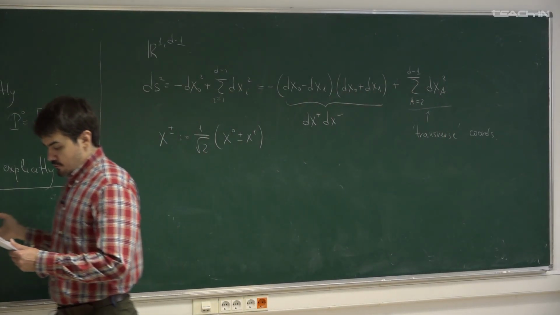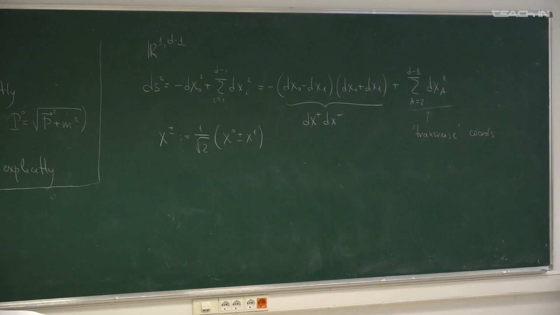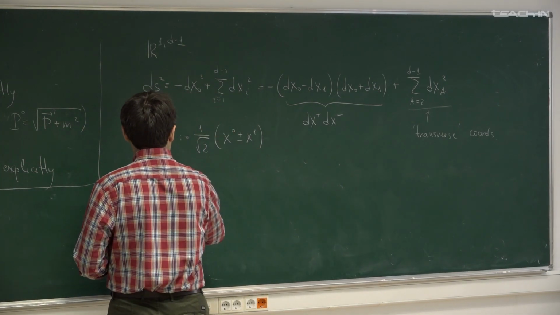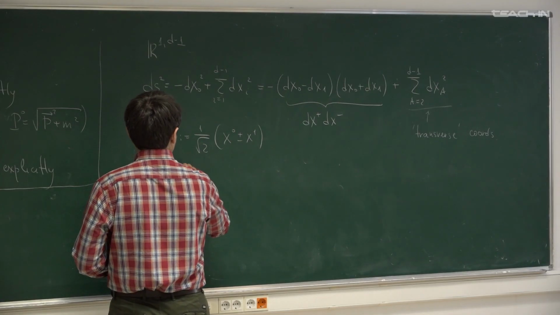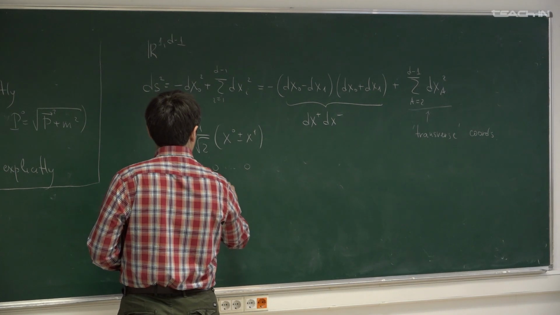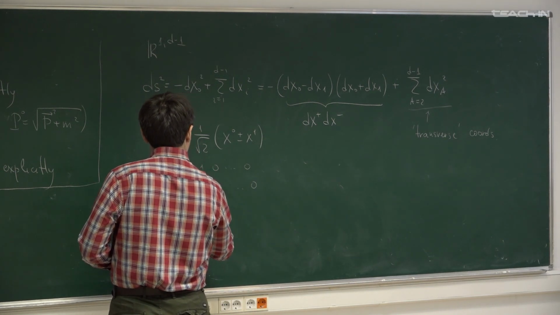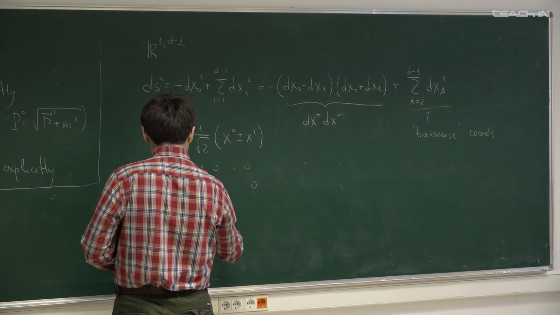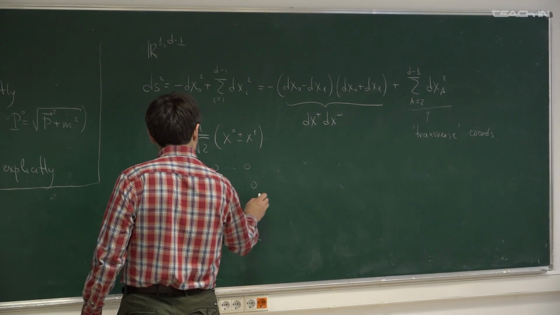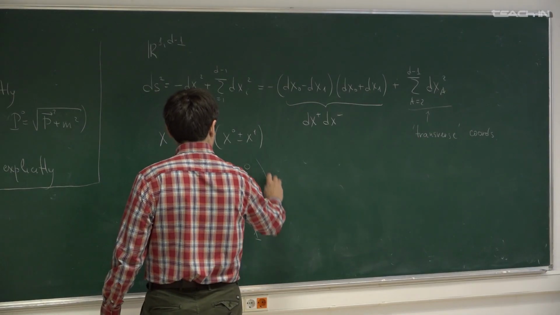Okay, so the Minkowski metric in these coordinates has the form, as you see, 0, minus 1, minus 1, 0, 0, 0, 0. So just like that.